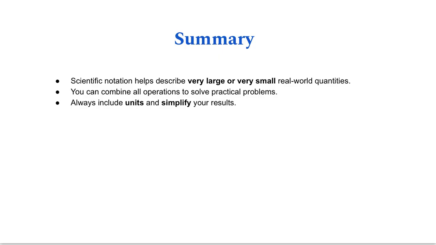So the final summary is: when you're adding, you're combining separate amounts. When you're subtracting, you're comparing or finding the difference. When you're multiplying, you find the total from something repeating. And when you're dividing, you find how many fit in or how much each part is.